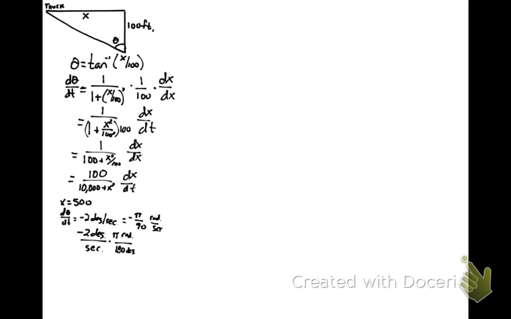Now I can make some substitutions into d theta dt. So we're told that d theta dt is negative pi 90ths, and that's radians per second.